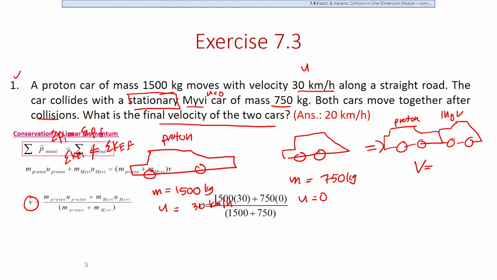Substitute the values: mass of proton 1500 times the initial velocity 30 km per hour, plus the initial speed of the MyVi, which is stationary with u equals 0, divided by mass of proton and mass of MyVi. Lastly you get the answer: v of Proton and MyVi is 20 km per hour.